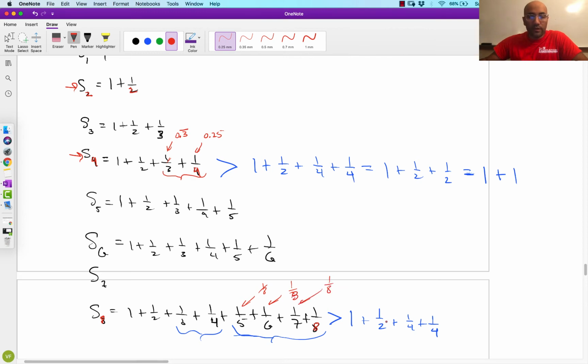Compare it to this. I'm going to put them over here. This is going to be plus 1/8 plus 1/8 plus 1/8. And then there was the actual 1/8 plus 1/8. So these red 1/8s come from me considering these, and not algebraically.